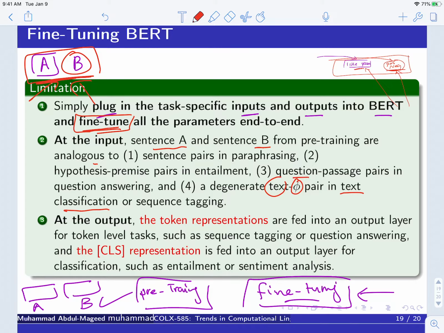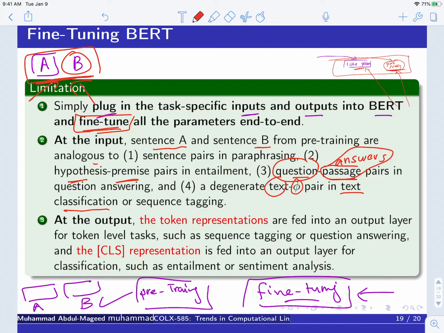So we have a question and we have a passage that has the answers, right? So that's going to be like sentence A, and that's analogous to sentence B, which is the answer, right? It's the same thing. Or a hypothesis and premise for a task like entailment, right?